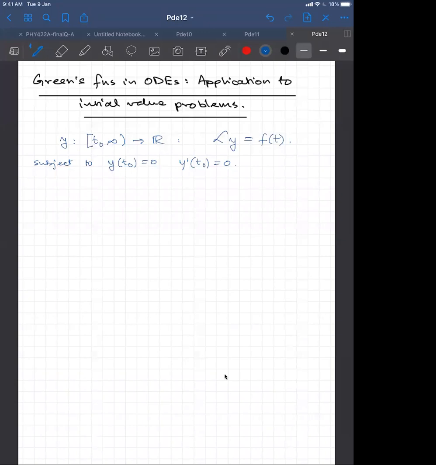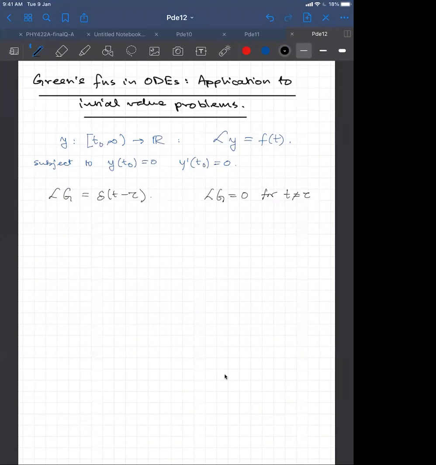We are going to solve L of g equals delta of t minus tau, so that for each value of tau, the Green's function satisfies the homogeneous equation L of g equals 0 for t not equal to tau. So what are we going to do?